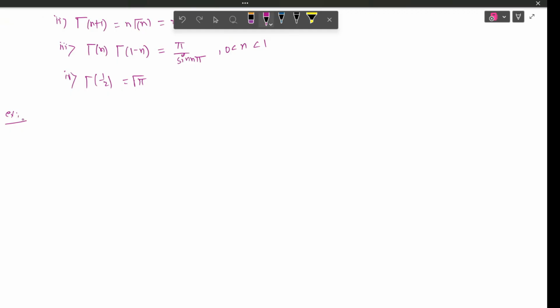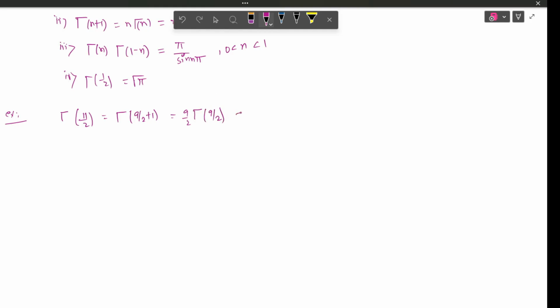Let us say we have to evaluate gamma of 11 by 2. So gamma of 11 by 2, you can write it in the form gamma of 9 by 2 plus 1. So this is in the form gamma of n plus 1, so it would be n gamma n. So 9 by 2 gamma 9 by 2.